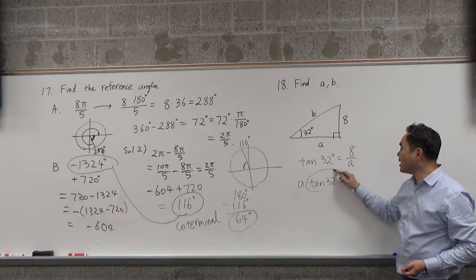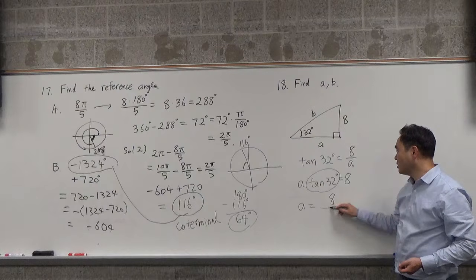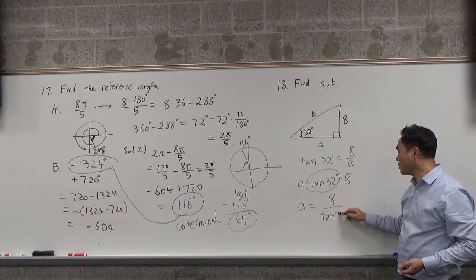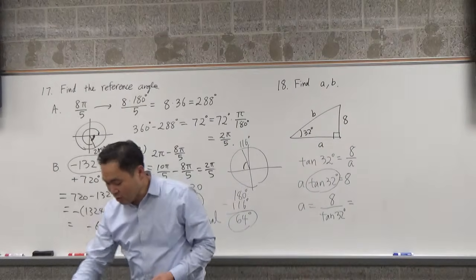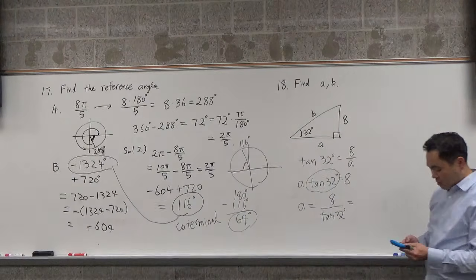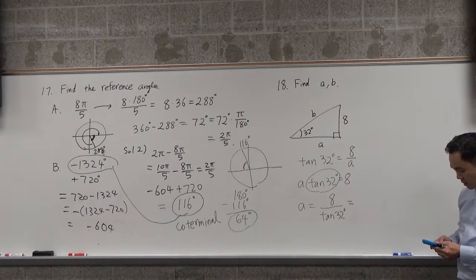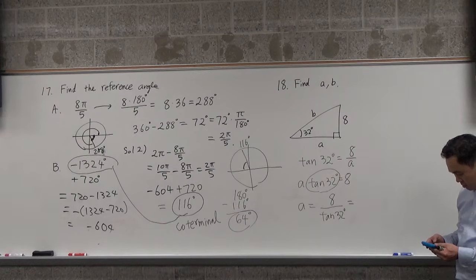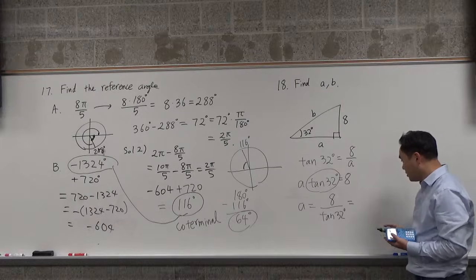And now you can divide both sides by tangent 32 so that A is equal to 8 divided by tangent 32 degrees, which now can be calculated using your calculator. Make sure you're in degree mode here. 8 divided by tangent 32 degrees, and that's 12.8.